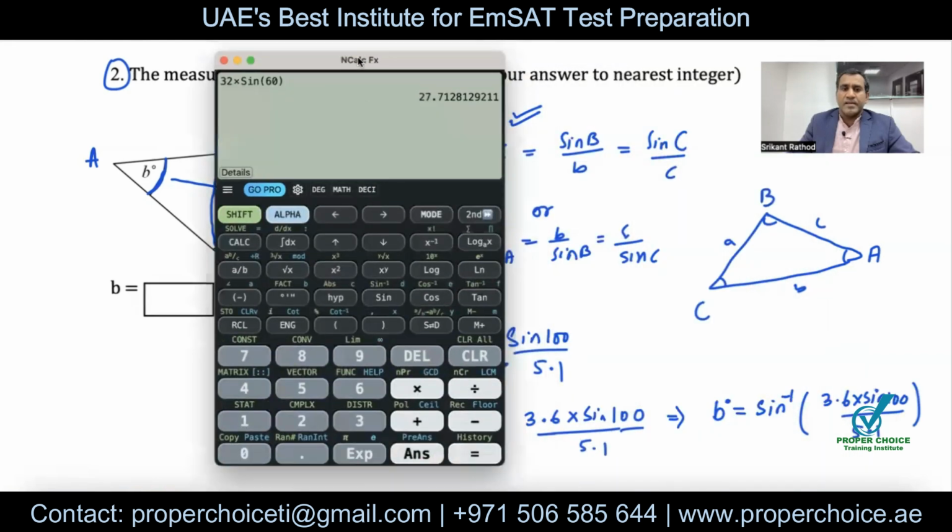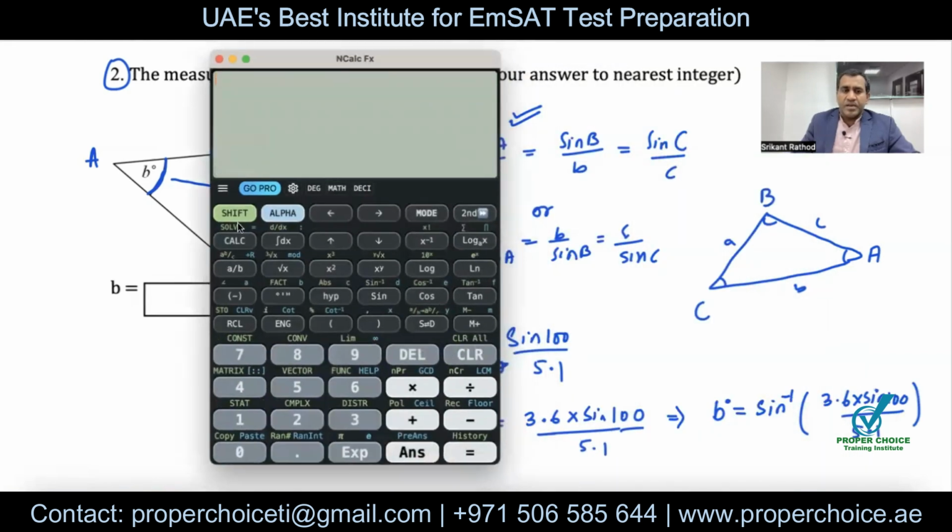So now what would that be? It's going to be shift sine, and type the given terms inside the bracket as they are. 3.6 times sine of 100 divided by 5.1. Close the bracket. So here I'm getting the value as 44.03 degrees.